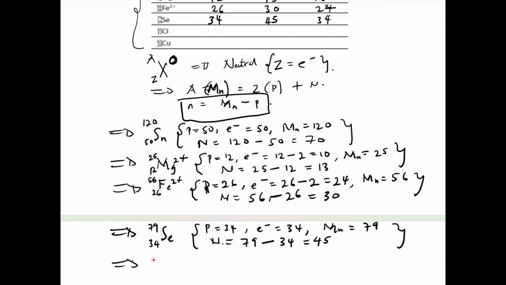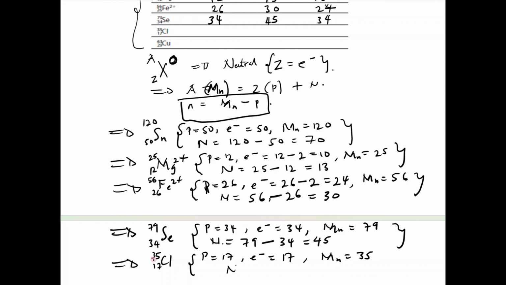Okay, so next on the list is Cl, chlorine, with an atomic number of 17 and mass number of 35. It has no charge as well, which means it is a neutral element. So we have our proton number to be 17, while the number of electrons here will also be equal to 17 because it is a neutral atom, and our mass number is 35.